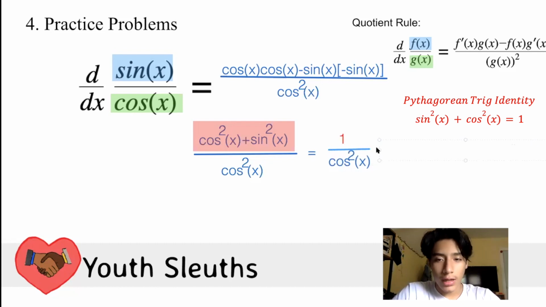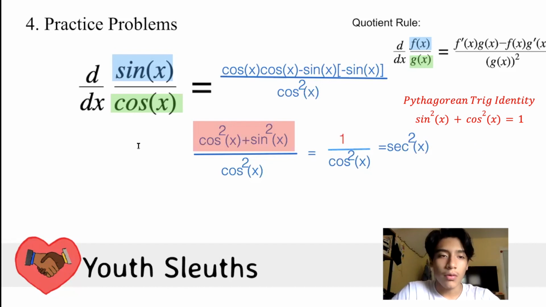Now, remember again that 1 over cosine is just the same thing as secant. But since there's 1 over cosine squared, we are going to put secant squared of x.